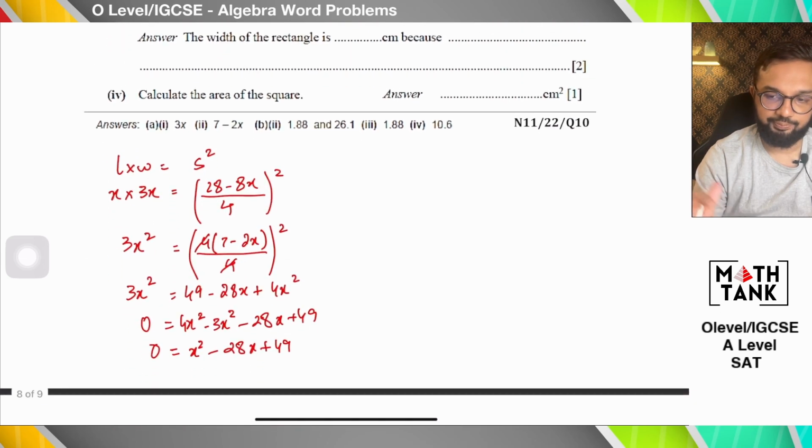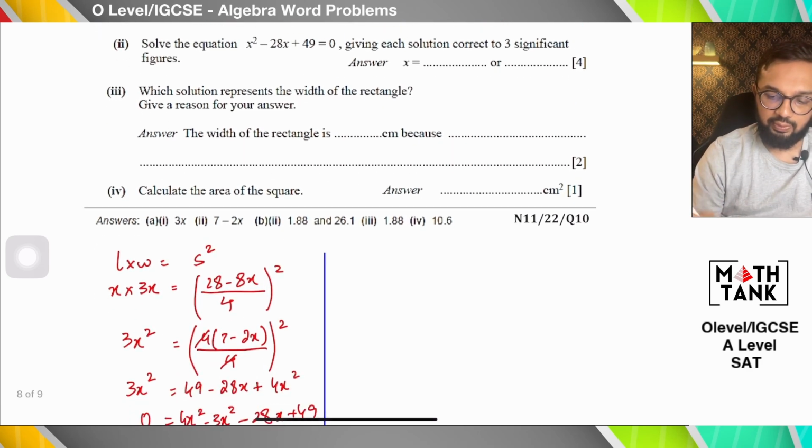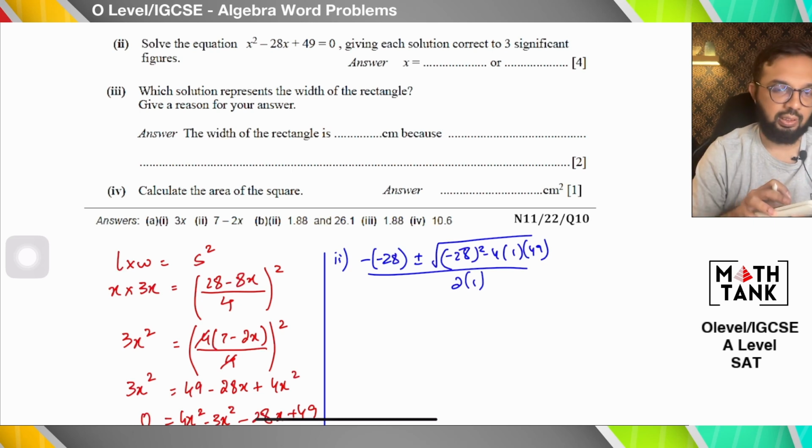Yes, we do. Okay, and just solve. So part 2 is solve: minus b plus minus root of b squared minus 4ac over 2a. That on a calculator.